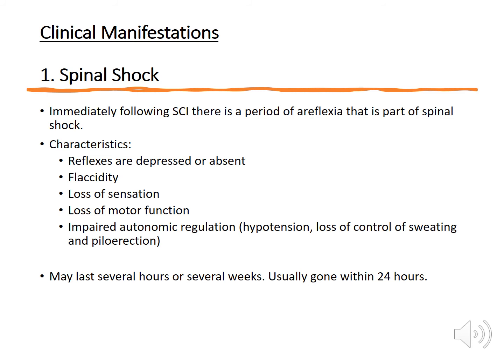So there's going to be hypotension, loss of control of sweating, and piloerection. And piloerection is just goosebumps. This may last several hours or it may last several weeks, but it's typically gone within 24 hours. So please know the characteristics of spinal shock.